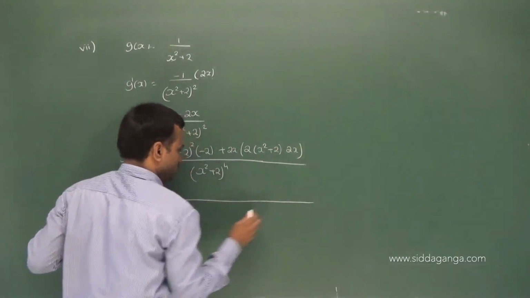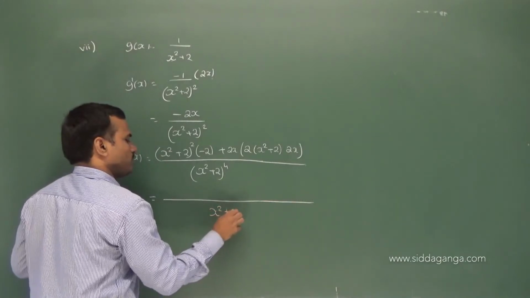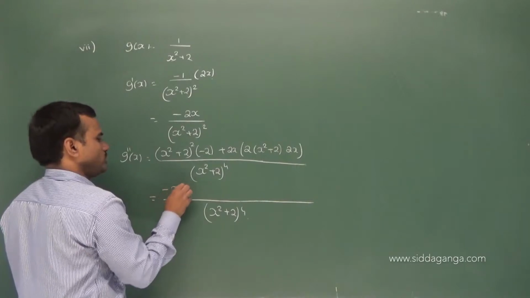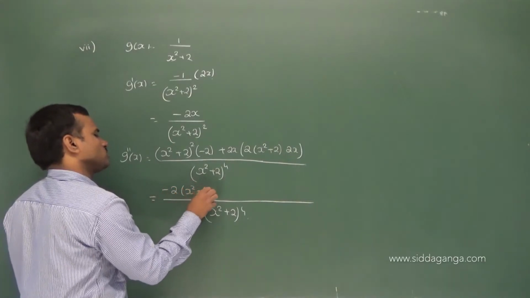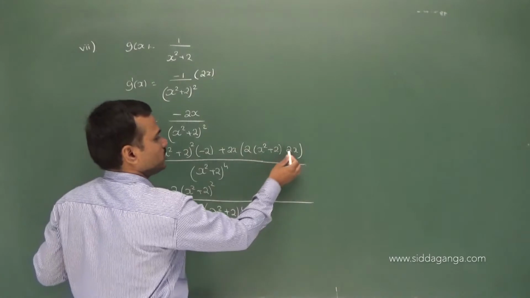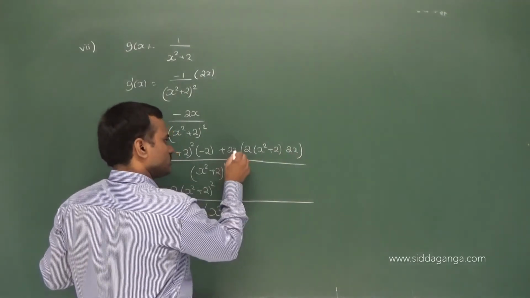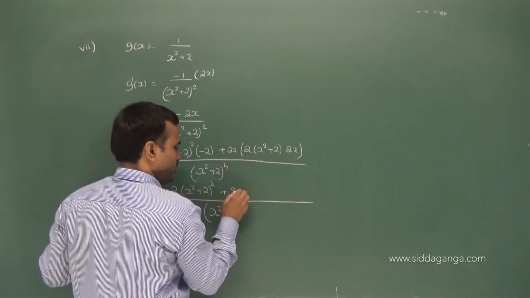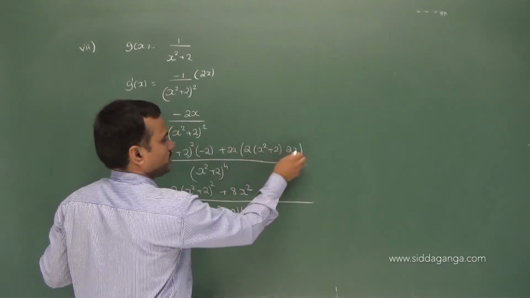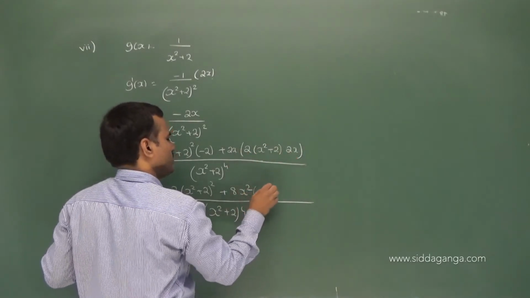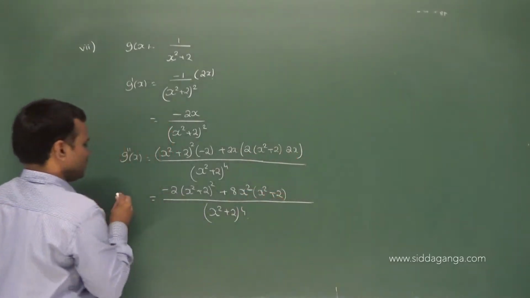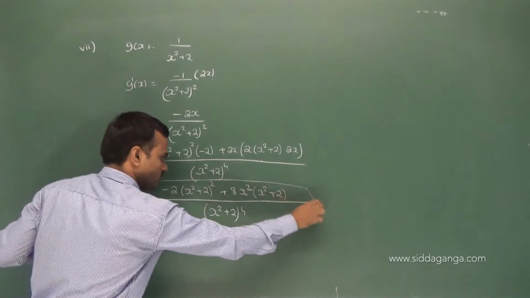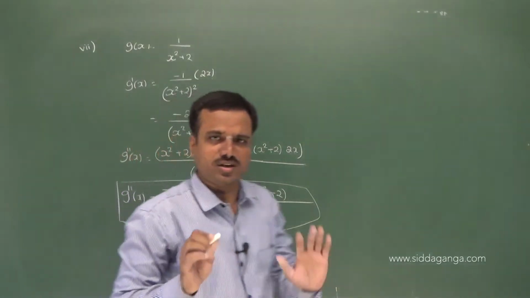Better we simplify this one. x square plus 2 whole to the power 4, minus 2 into x square plus 2 whole square, 2x, 4x plus 2 into 2, correct, 8x square. This is enough, I think, for g double dash of x.